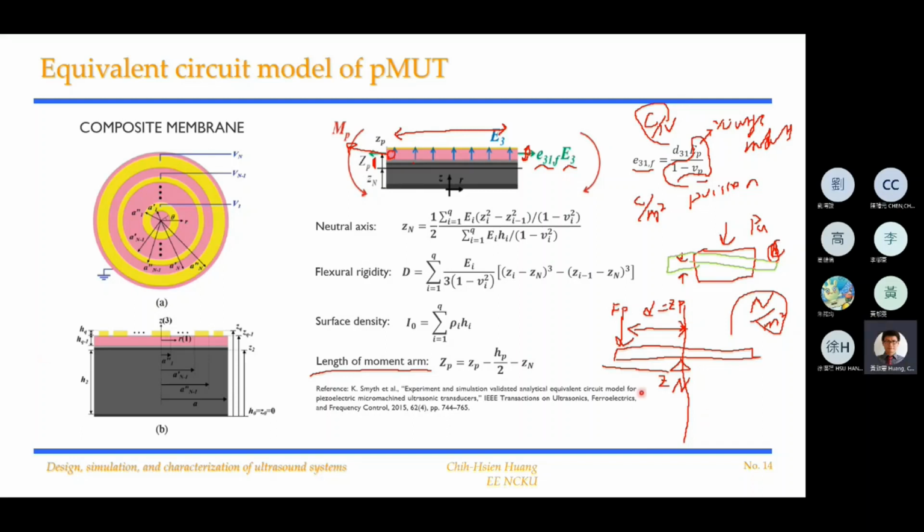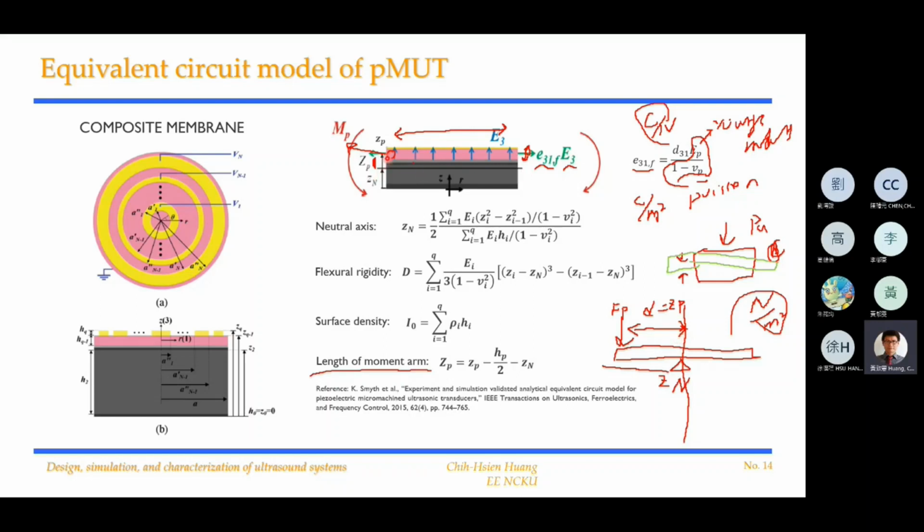Here you can observe one thing: the longer the length of movement arm, the larger the movement you can bring, right? Because MP here, the movement, is how much force your piezoelectric generates times the length of movement arm. So this is important when you design your piezo PMUT.